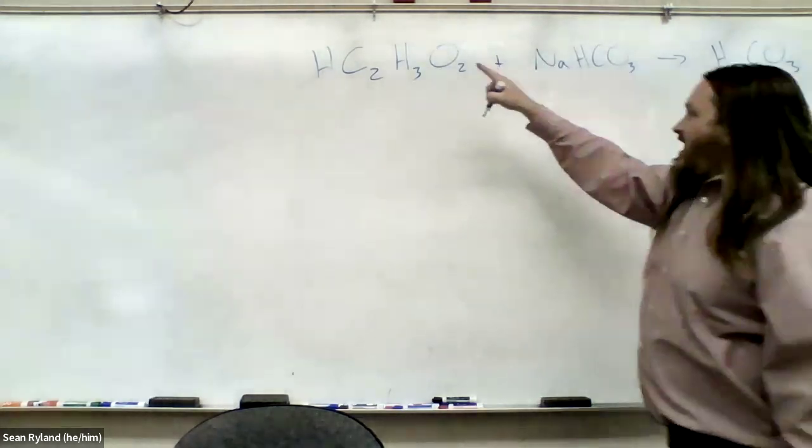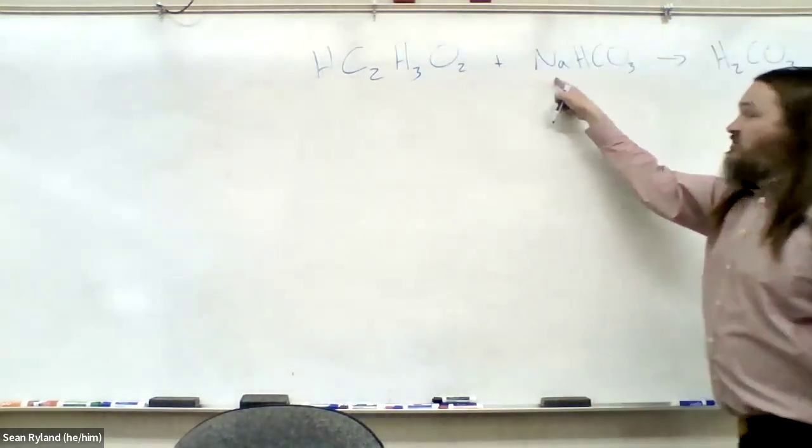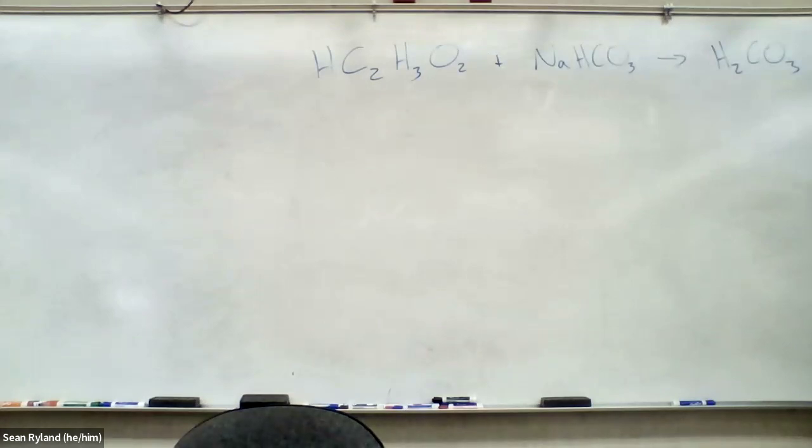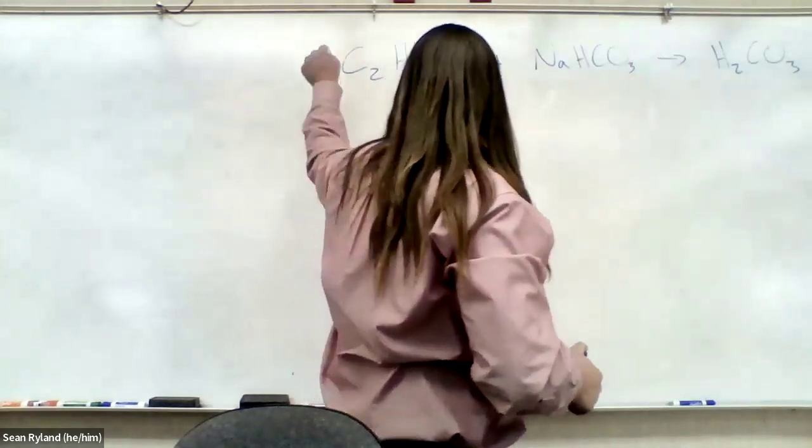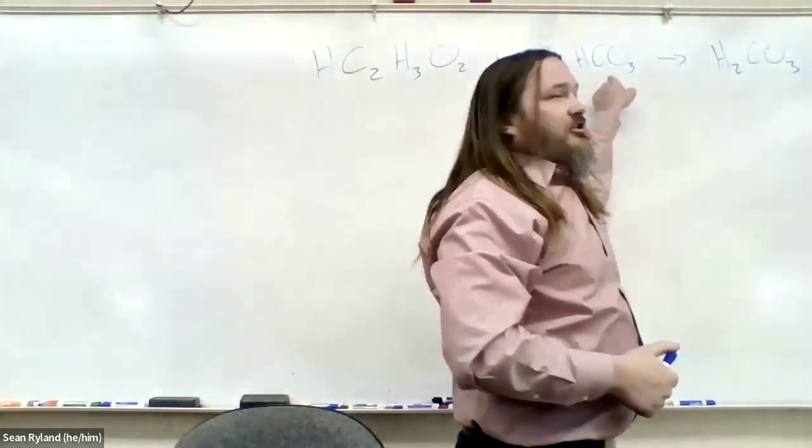And then now you have an acetate and you still have a sodium around. So you make sodium acetate at the same time. So all that happened is we moved an H+ from the acetic acid to the hydrogen carbonate.